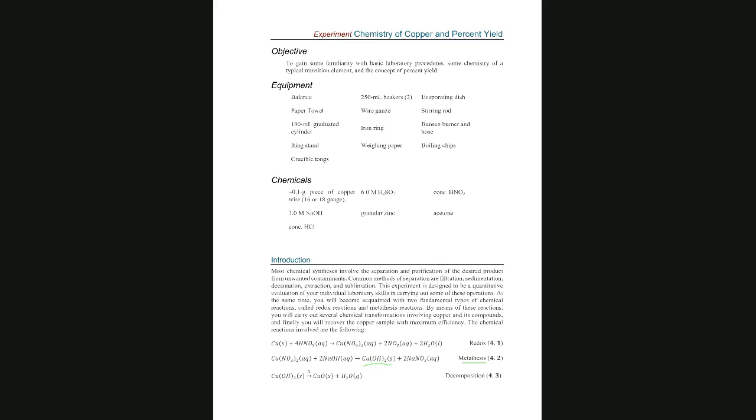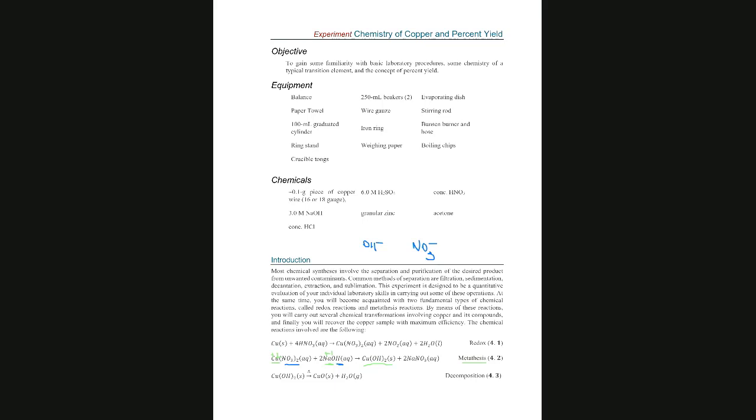The copper is the positive, the first one, it's +2. Let's look at which one is positive and which one is negative. On the reactant side, copper is the positive and sodium is the positive, that is +1. And then we have the negatives: we have nitrate and we have the OH. We know that the OH is minus, and we know that nitrate is one of the polyatomic ions that you need to review.